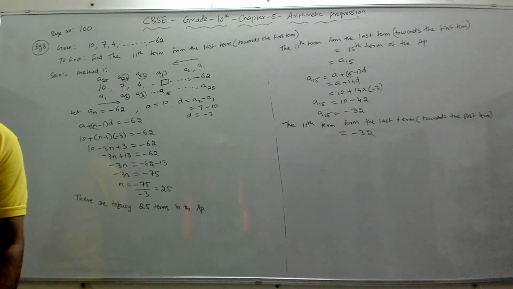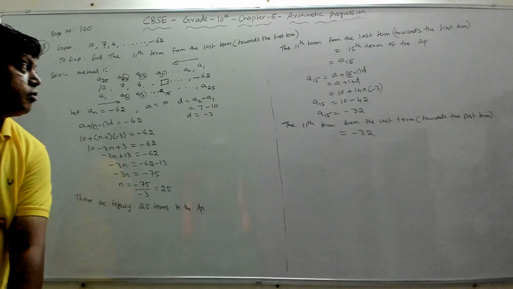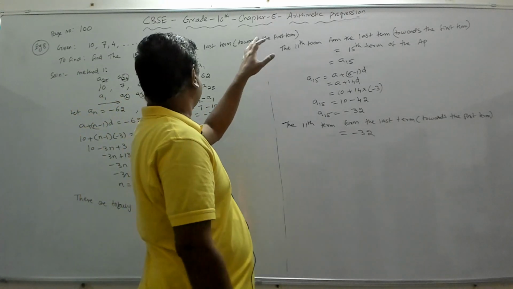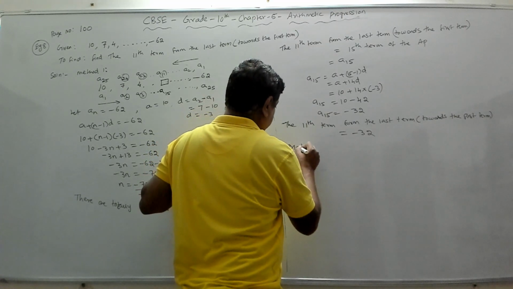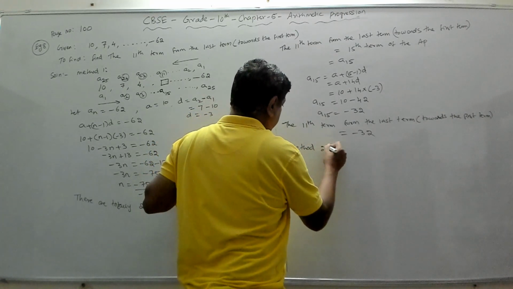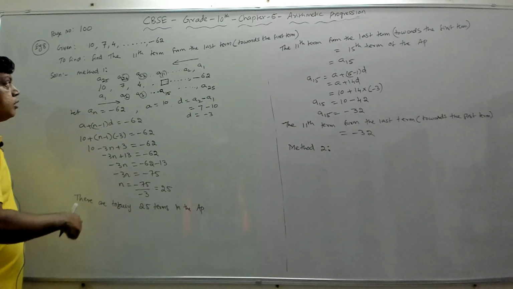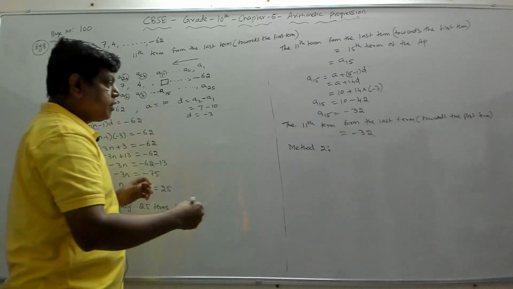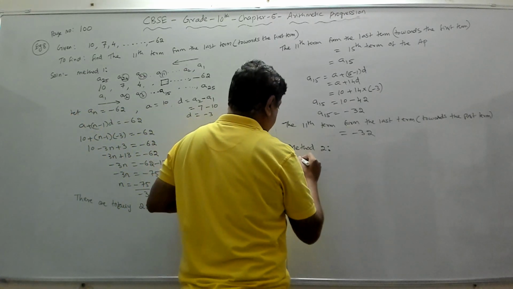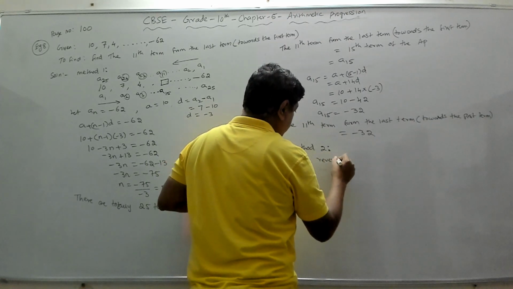The other method that we have to find the 11th term from the last term is that we will reverse the given AP. So method 2 is to find the same answer, the 11th term from the reverse. To find this, we will write the reversed AP.